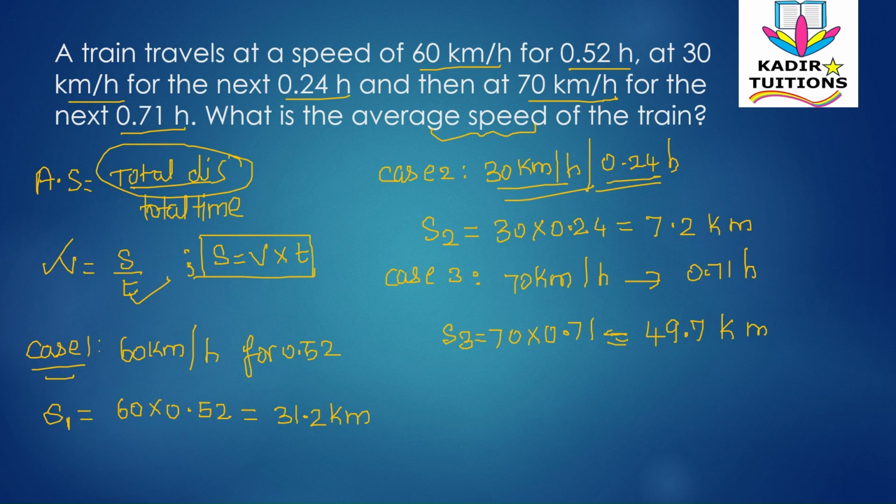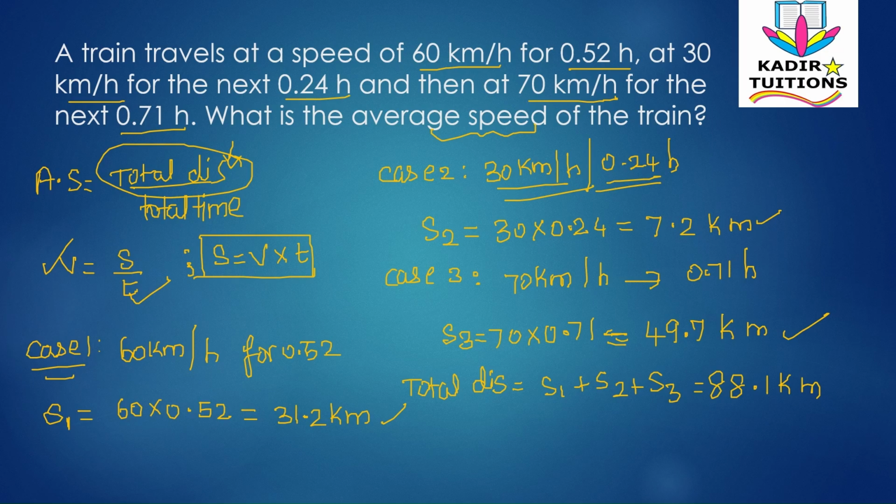We just need to add all these so that we get the data for finding the average speed. So can we find the total distance? What is total distance? It is S1 plus S2 plus S3. If you add 31.2 and 7.2 and then 49.7, we'll get 88.1 kilometer.